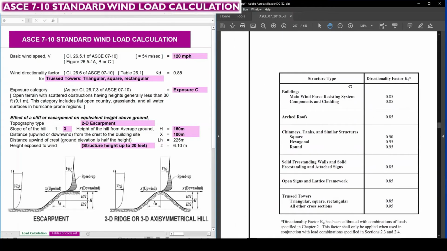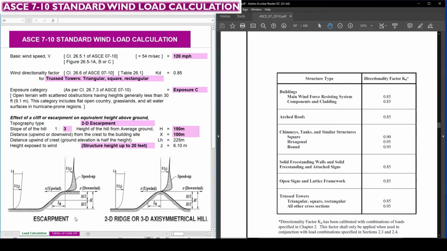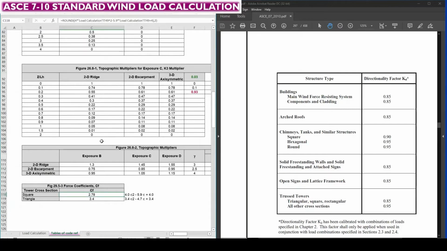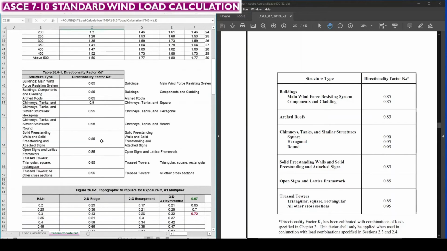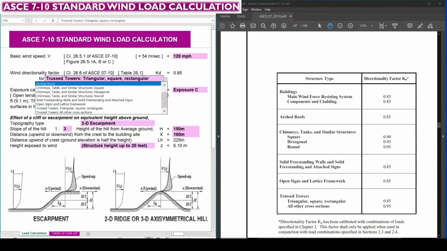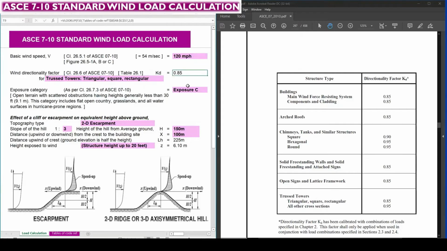So here you can see the table, which is brought here. Table 26.6-1 is to be referred to calculate the directionality factor based upon the structure type. So we are considering the structure type as trussed towers, triangle, square or rectangle.